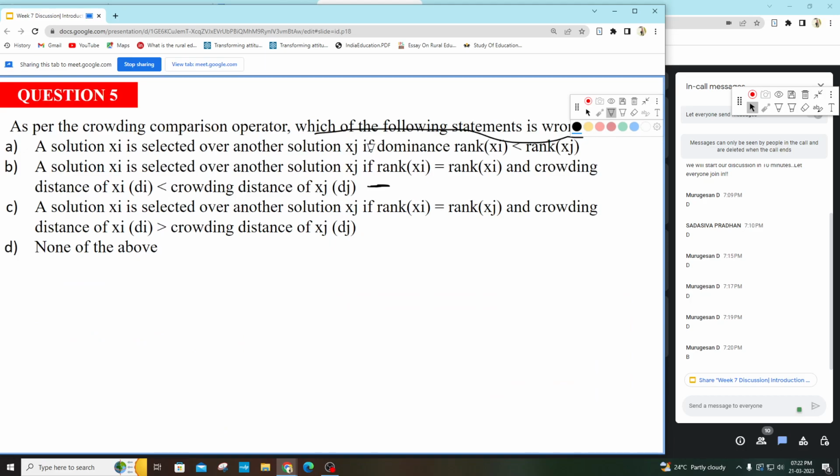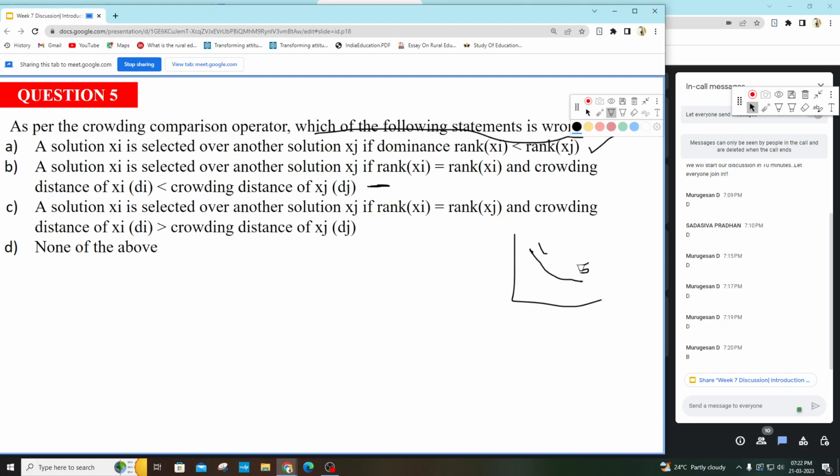A solution xi is selected over solution xj if dominance rank xi is lesser than xj. So this is absolutely correct, right? Now a solution xi is selected over solution xj if rank xi equals to rank xj and crowding distance di lesser than crowding distance dj. So we know that if we are comparing in the same rank, and in our example also I have shown you this first point 1 and 5, right?